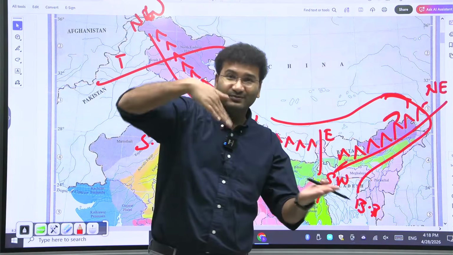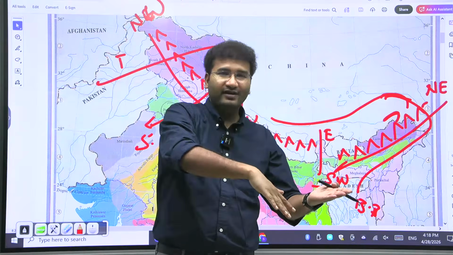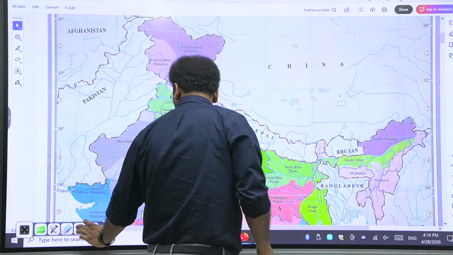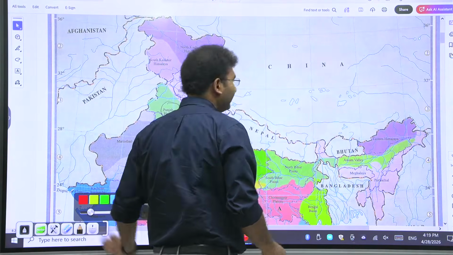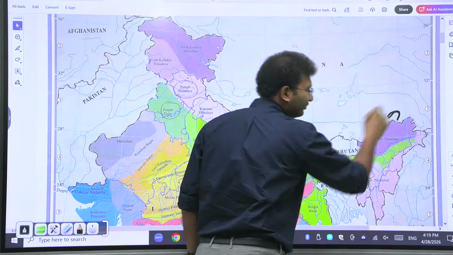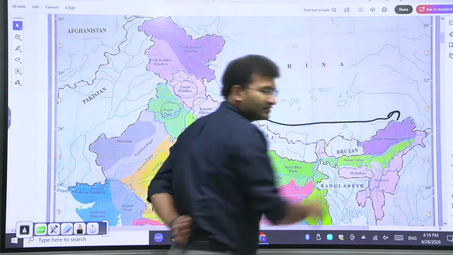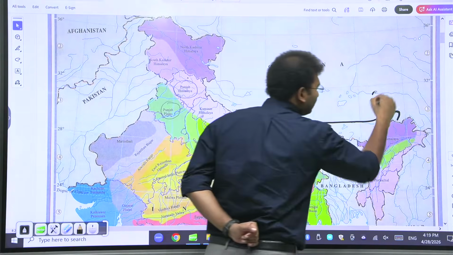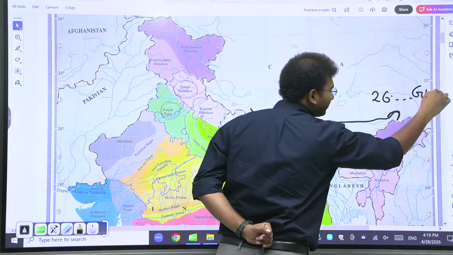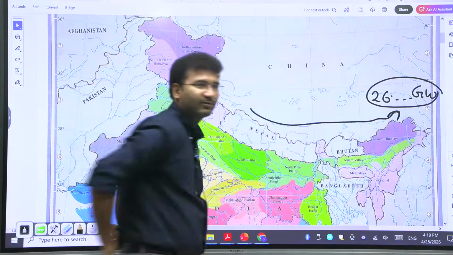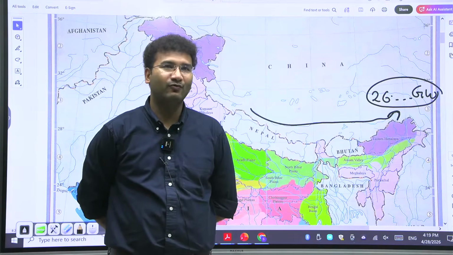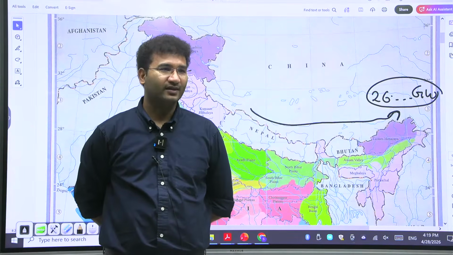With such great speeds the river comes, can it not be a great potential for hydro? So China is building a dam here. This is called the Great Bend. 26 gigawatts of energy from one hydroelectric power project.